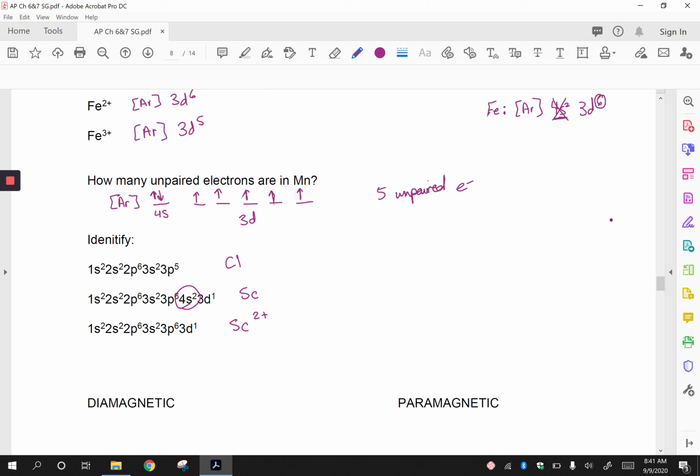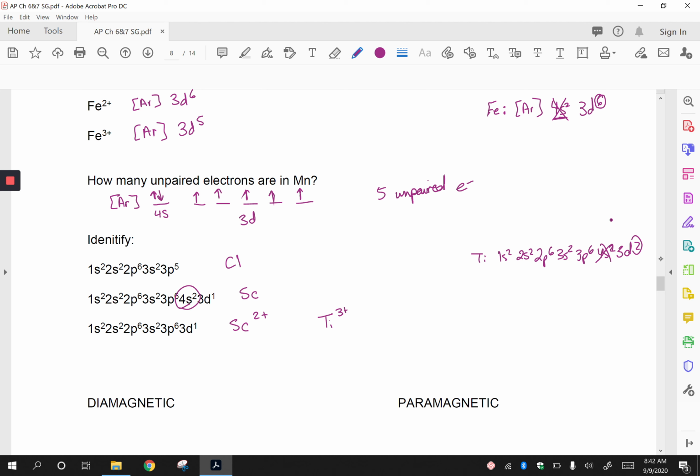Yes, it can. What if it was titanium 3+? Can it be that? Let's look at titanium. Neutral titanium is 1s2, 2s2, 2p6, 3s2, 3p6, 4s2, 3d2, right? So if it's a 3+, that means I lost these 2, and then I lost one of those to make it 3d1, right?